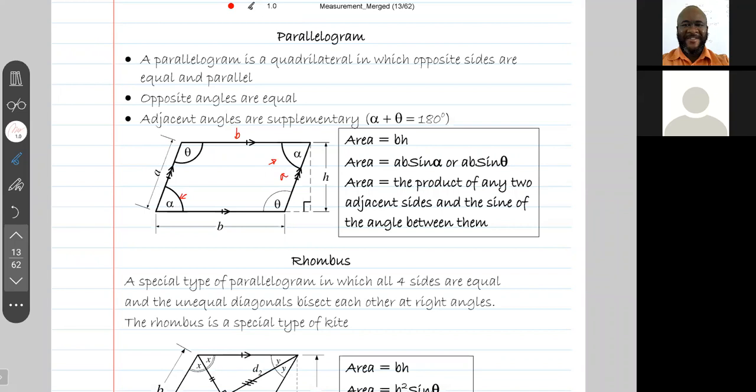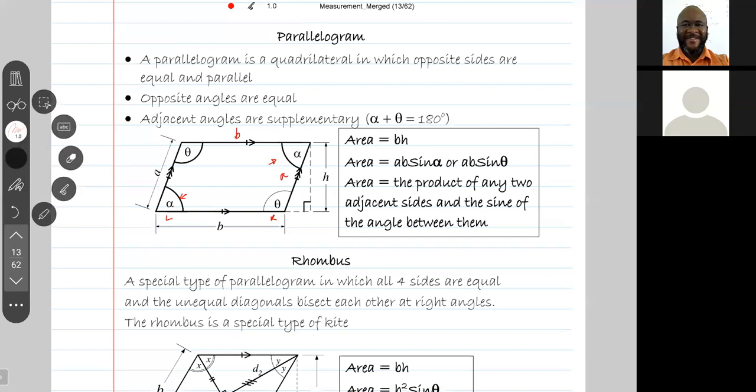It's important sometimes to understand the properties of these shapes. Adjacent angles would be like the one here on the left and the one here on the right. Those two angles, alpha and theta, add up to 180 degrees. So opposite angles are equal and adjacent angles are supplementary.